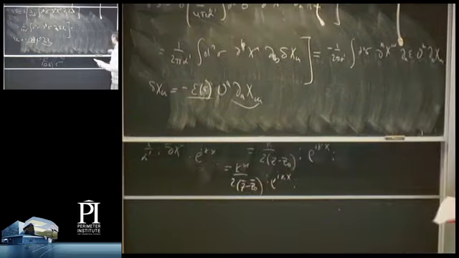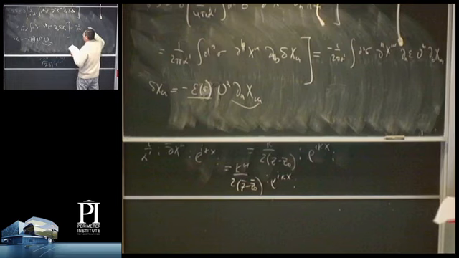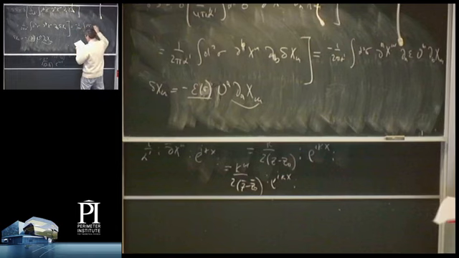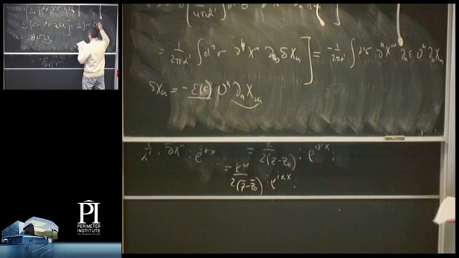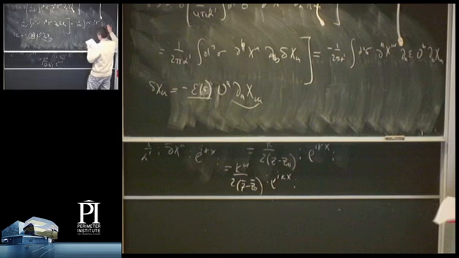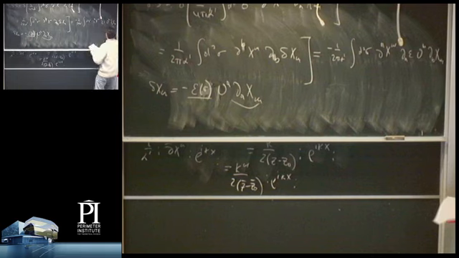And so I'm just going to write down the answer. It's going to be minus 1 over 2 pi alpha prime, an integral of d2 sigma del A x mu del A epsilon dB del B x mu.